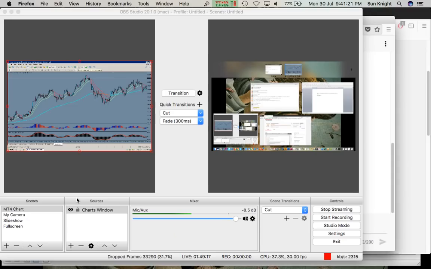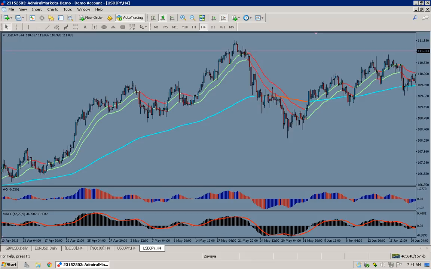Let me quickly switch you over, and I will quickly try and find some images that will be of use here when I speak. Where are we? Okay.